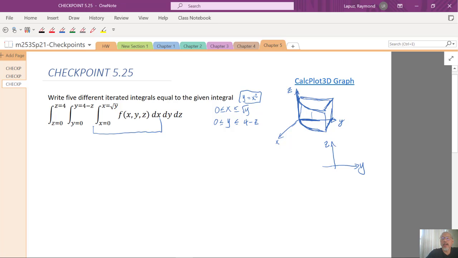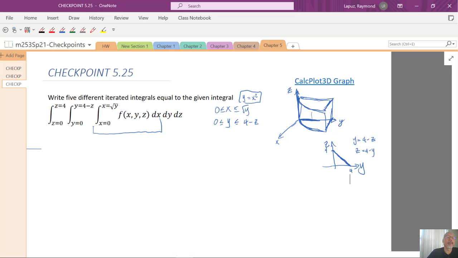So what does y equal to 4 minus z look like? If you want to switch this around, this is equivalent to saying z is equal to 4 minus y, or you can say y plus z is equal to 4, and that's just going to be a line with a slope of -1. It goes through 4 in the y-axis and 4 in the z-axis.